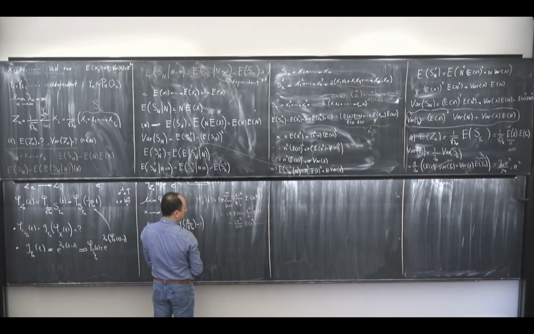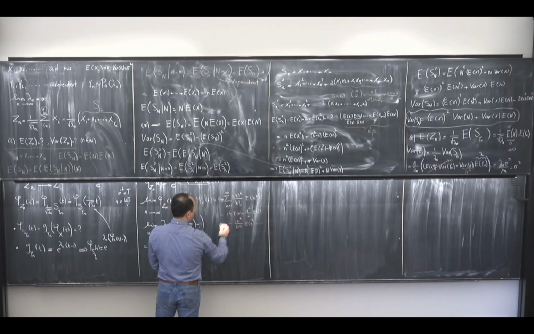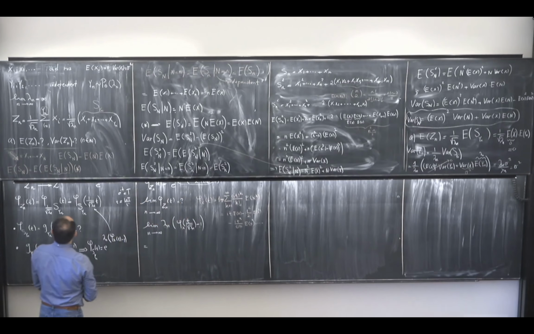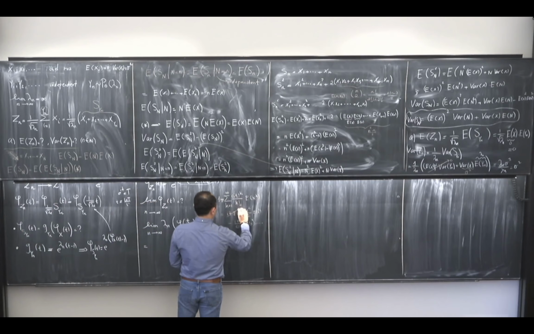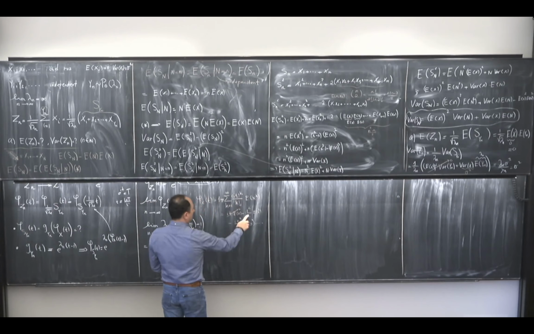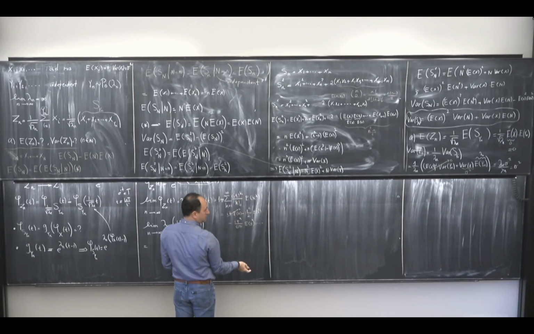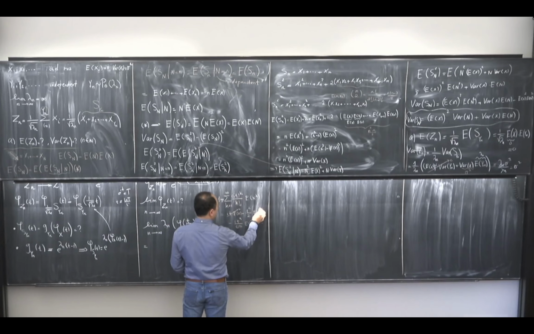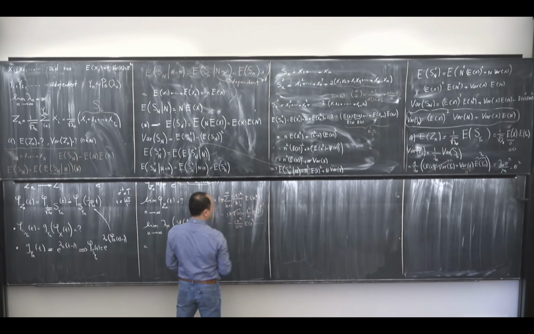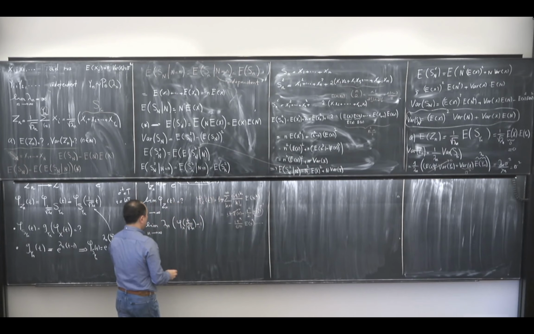But in this problem, I know what this is. Is it the same problem? Yes. It is 0. And e of x squared is the variance, because e of x is 0. So this is nothing except sigma squared. So this means that, let me write it here for you.